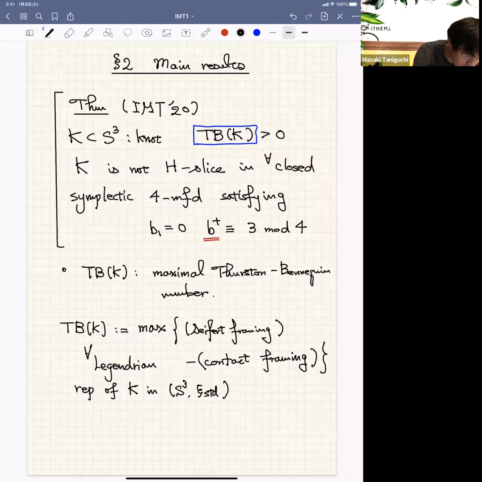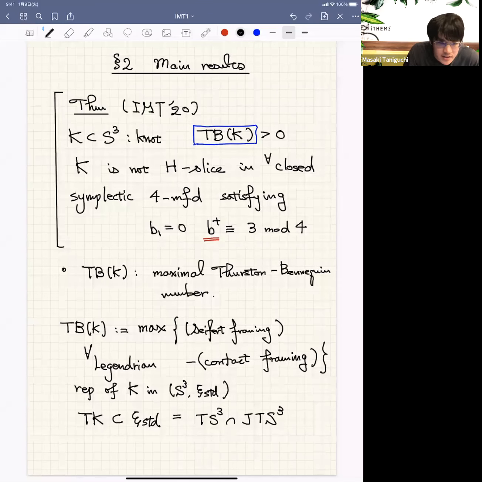Legendrian means a representative of K such that the tangent of K is included in the two-plane field ξ, and this plane field ξ is defined as the intersection of TS3 and JTS3. Here, J is a complex structure on C2.